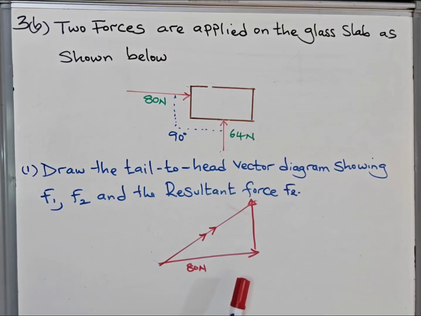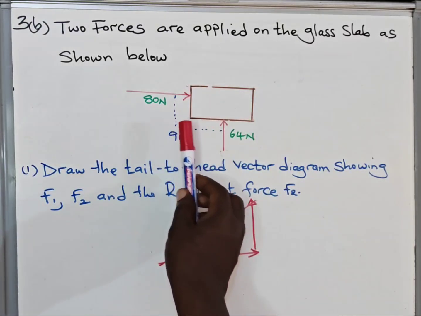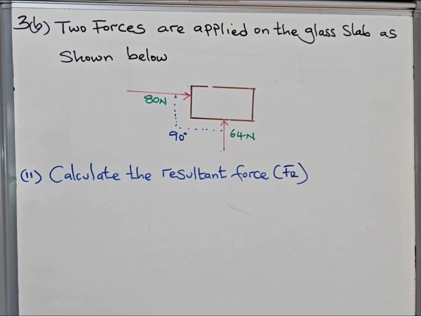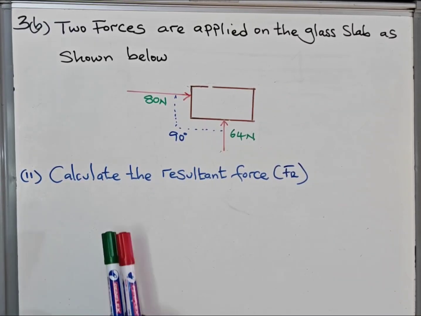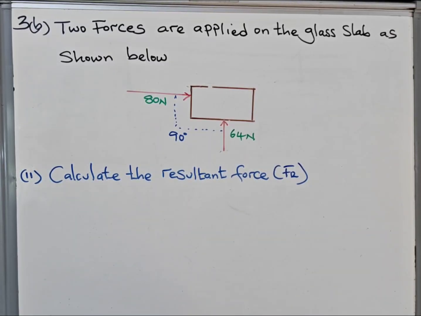Yeah, this is the tail to head vector diagram showing the F1, the F2, and the resultant. Yeah, then we come to this question. It says that calculate the resultant force Fr.